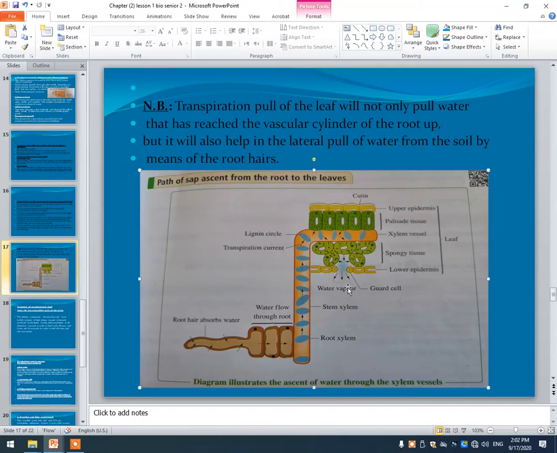This is the transpiration process. When transpiration takes place, it allows water to come also from the root, to come inside the xylem of the leaf.